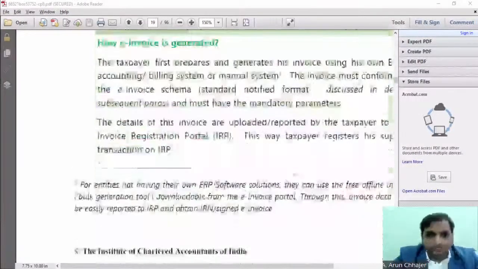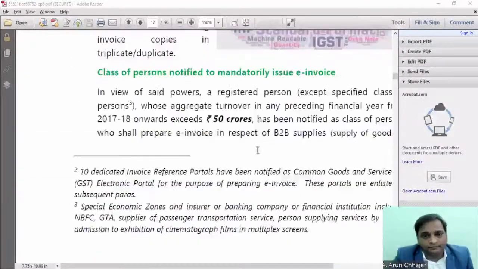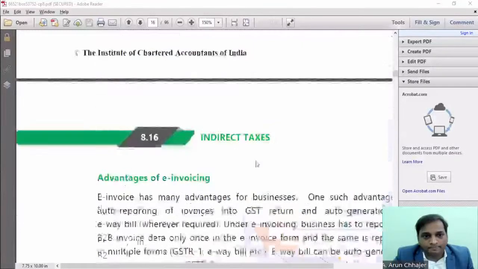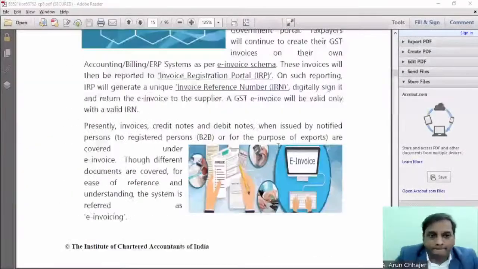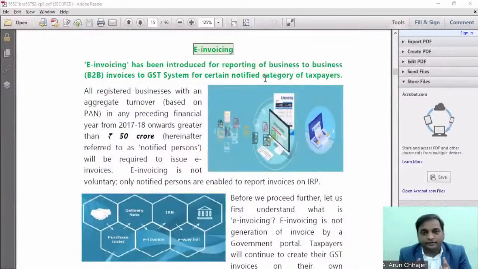See, e-invoicing. What is e-invoice? Try to understand. Invoice through the government portal is not the e-invoice. There are two processes.